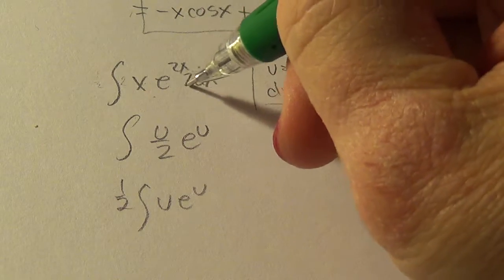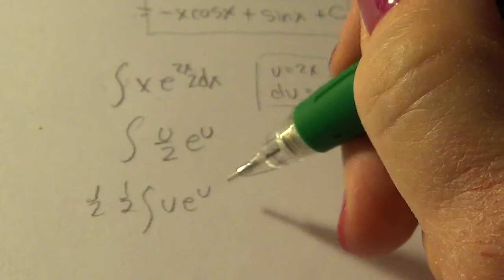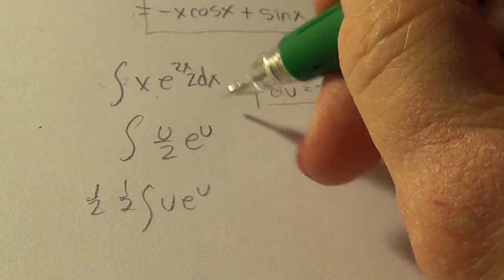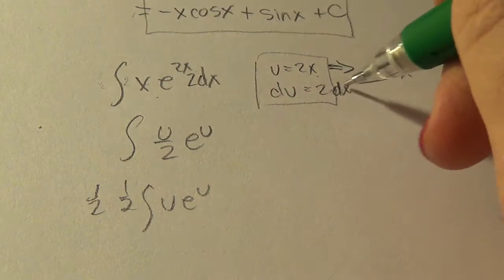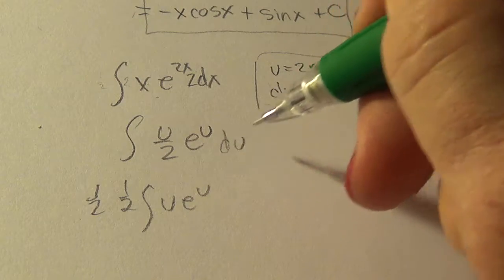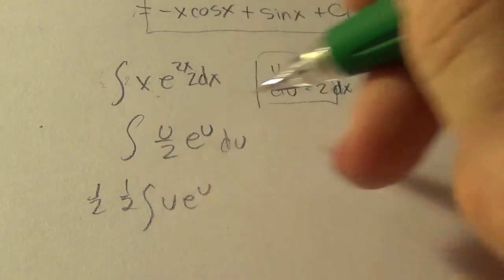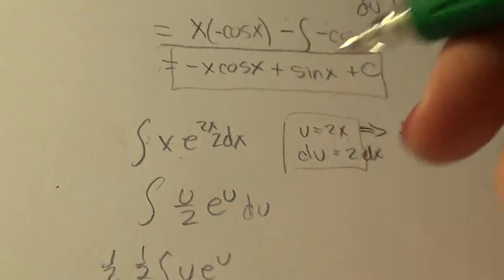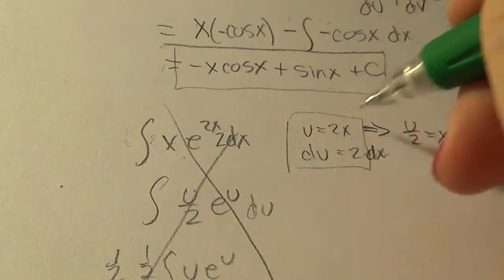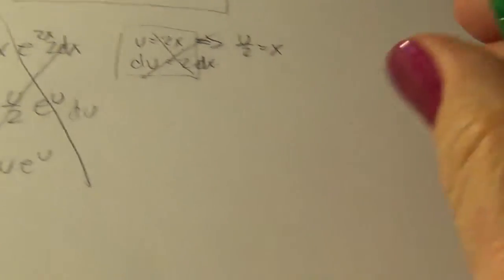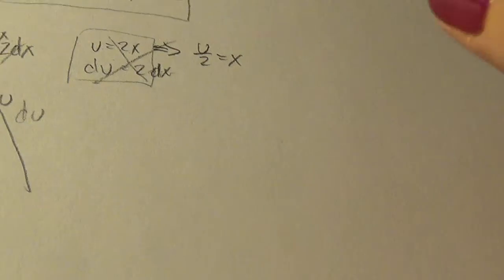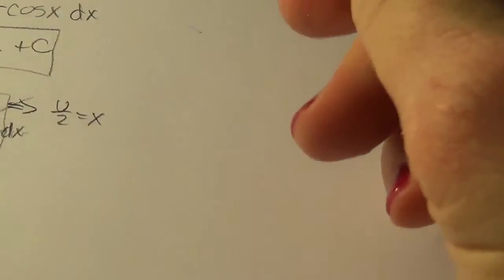If I put a 2 here, that makes me put another 1/2 out here. So that 2 dx becomes my du. So guess what? I still can't integrate that. So integration by the normal methods that we know is not healthy. So we're going to go ahead and do it by integration by parts.